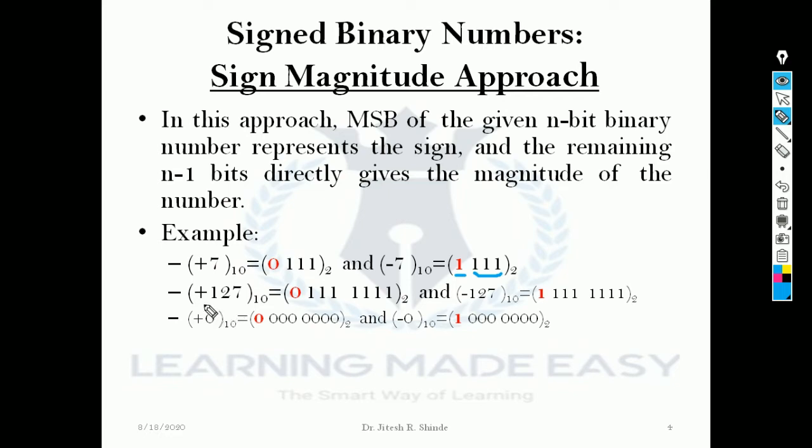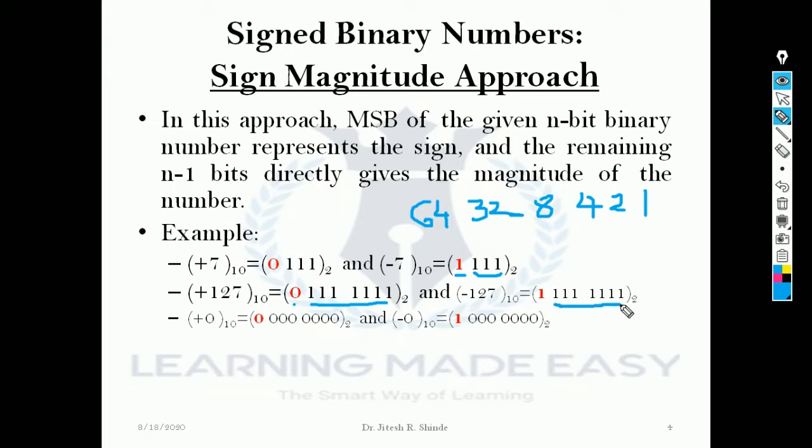Plus 127. Using the knowledge of number system conversion, that is the divide by 2 approach, you can obtain the magnitude of the number, or using the 64 32 16 8 4 2 1 code knowledge, you can obtain this magnitude. The number is positive, so 0 has been placed here. Minus 127: the number is negative, so 1 has been placed here.